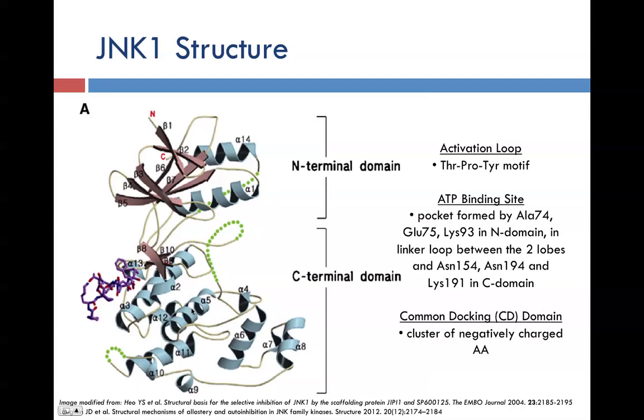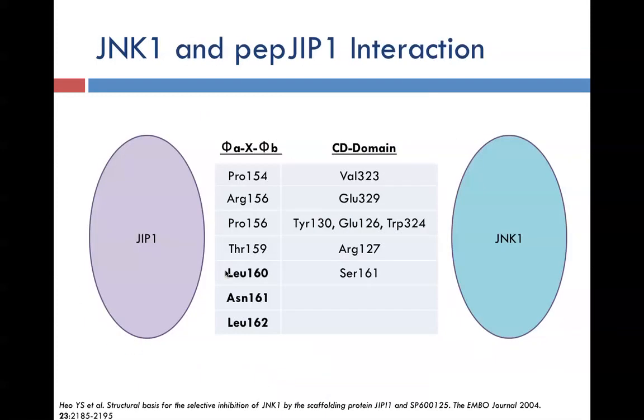JNK's specificity preference for different D motifs isn't really well known, but we do know that D motifs on different substrates that bind to JNK contain hydrophobic motifs that are 3 amino acids long. They say they don't know the specificities for different D motifs, but they do know that JNK has really strong specificity for JIP1 motifs.